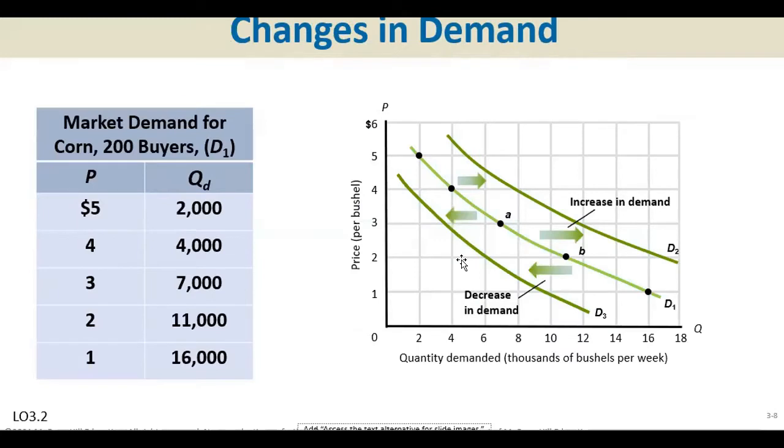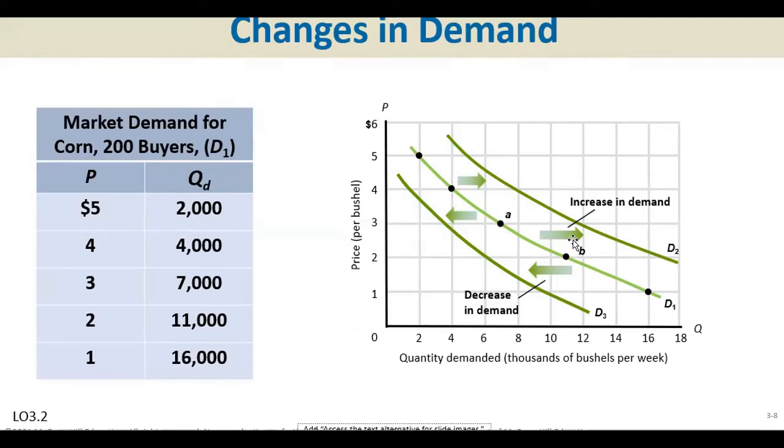Okay, so now the change in demand: anything that changes the demand schedule. When we say change in demand, one thing I want to bring to your attention is that it's different from the change in quantity demanded. The quantities demanded are points throughout the same demand schedule, D1.